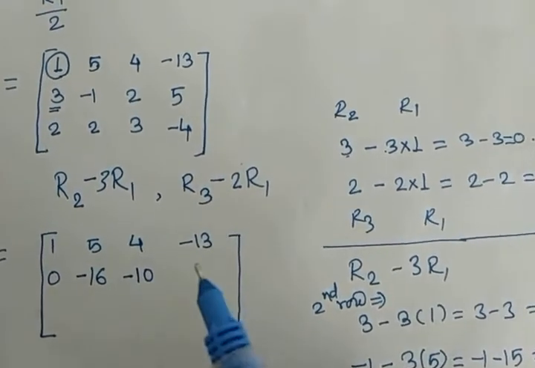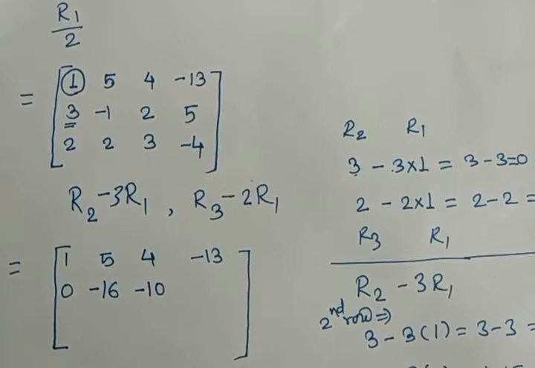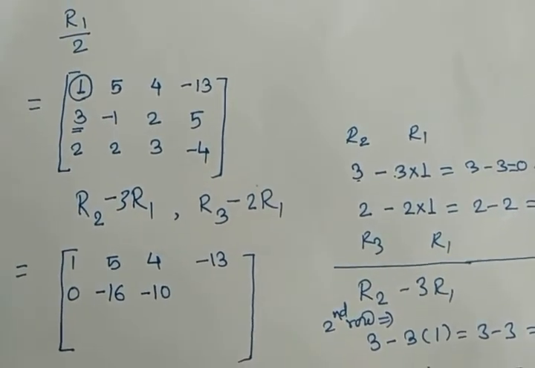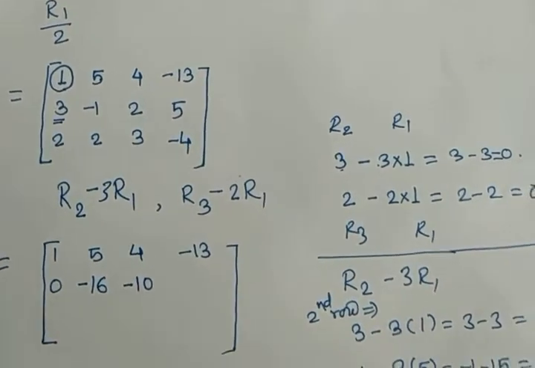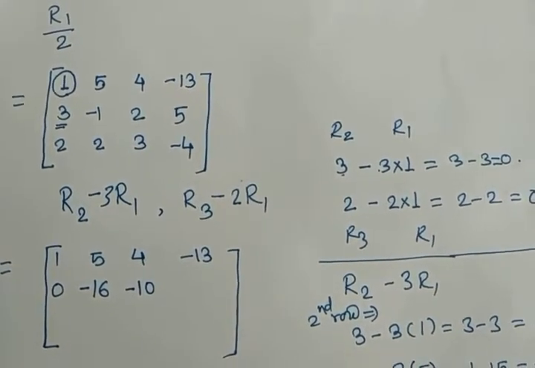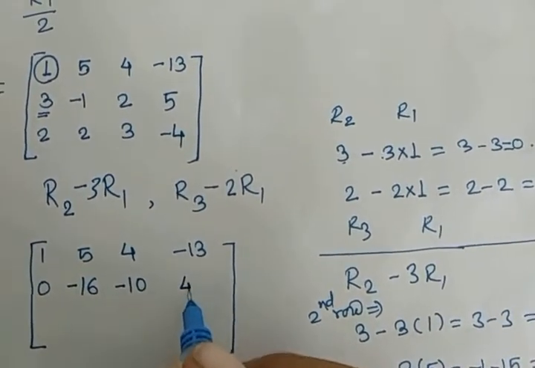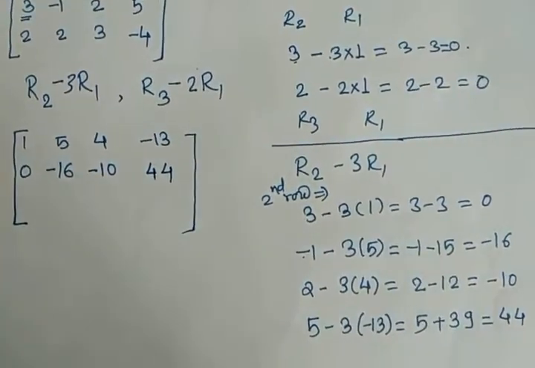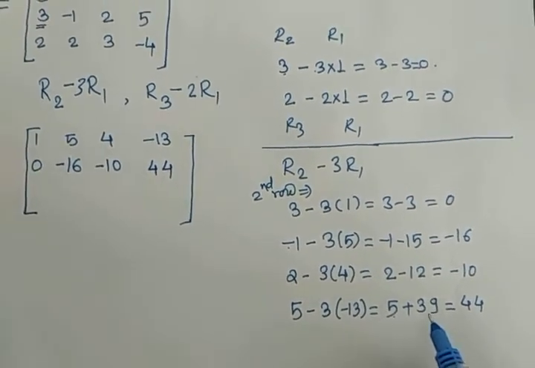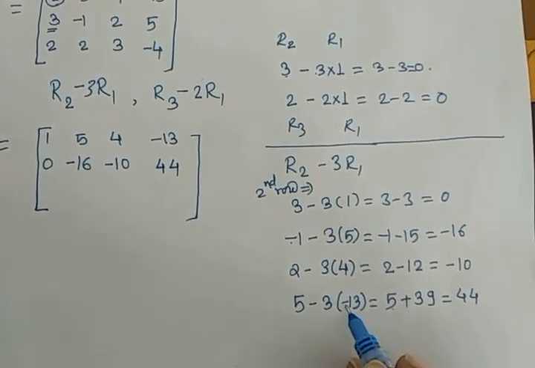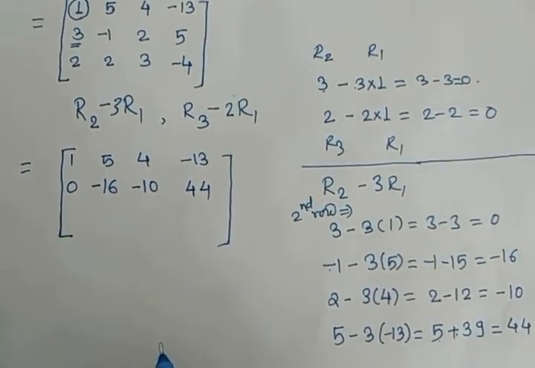Next 5 minus 3 into minus 13, which gives 5 plus 39, because minus into minus is a positive term. 3 into 13 is 39, which is equal to 44.